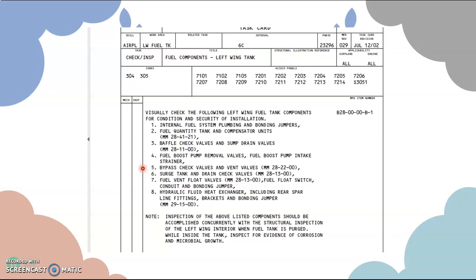Bypass check valves and vent valves. 6. Surge tank and drain check valves. 7. Fuel float valves, fuel float switch, conduit and bonding jumper. The last is hydraulic fluid heat exchanger, including rear spar line fittings, brackets and bonding jumpers.